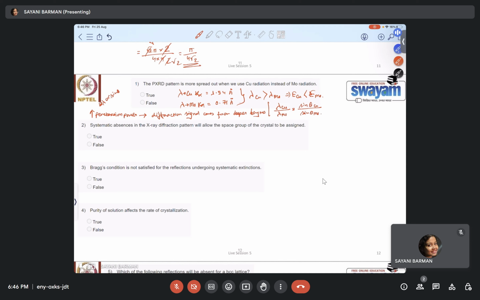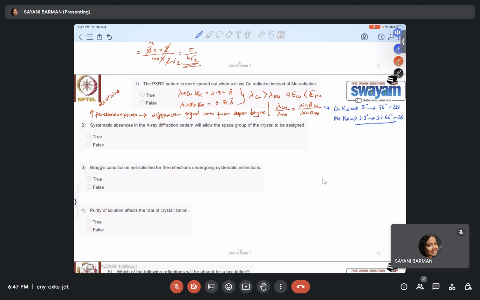So if we do that, the copper K alpha 2 theta range comes around 5 degree to 70 degree, and the molybdenum K alpha comes around 2.3 degree to 30.66 degree. So you can see this range is shorter, right?